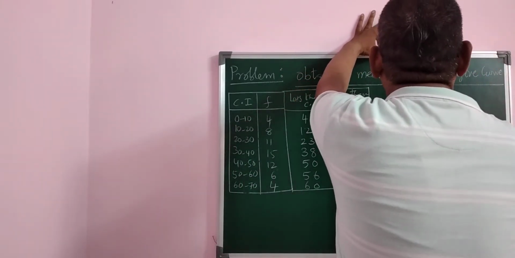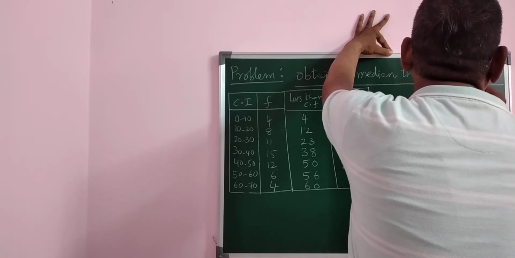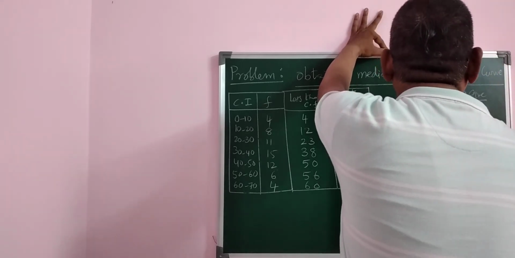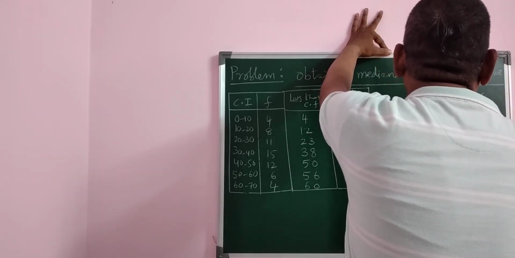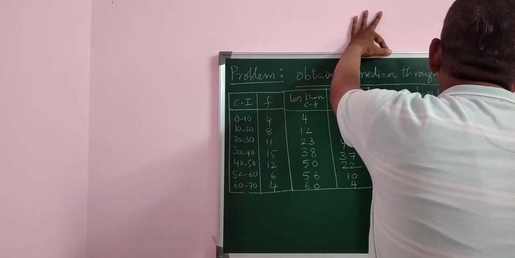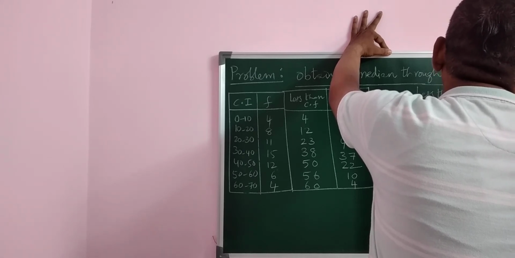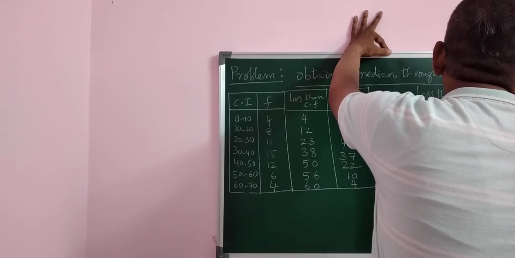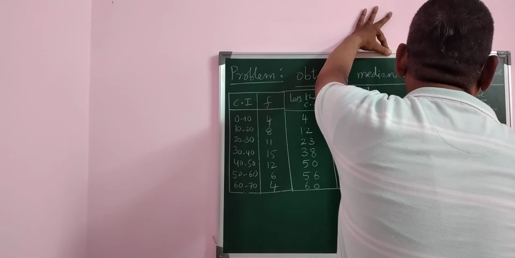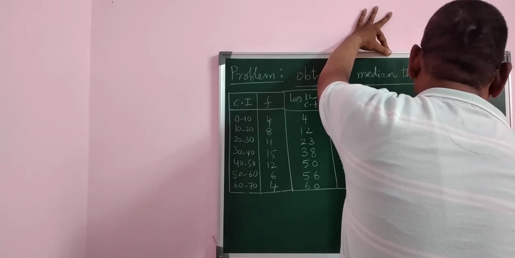So for that I am drawing two tables separately. One for less than Ogive. For less than Ogive, I am writing here upper limits and less than cumulative frequency, less than CF. What are the upper limits? 10, 20, 30, 40, 50, 60, 70.